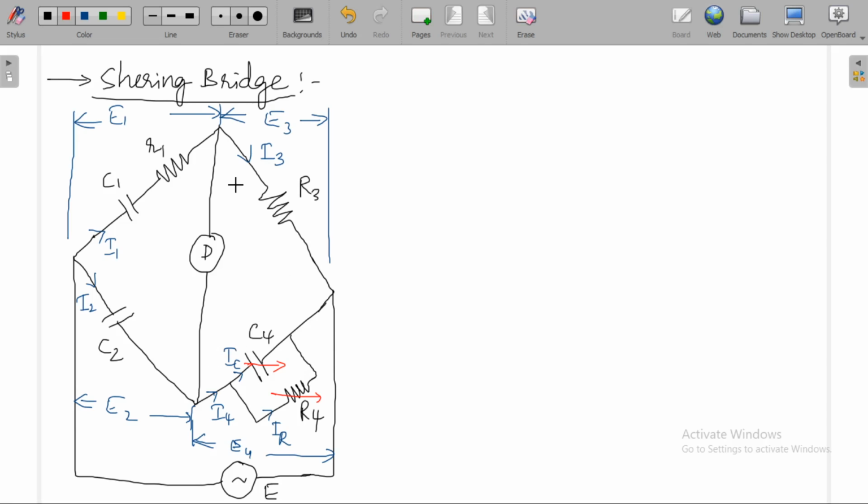Now this bridge is used for the measurement of capacitance of impure capacitor.